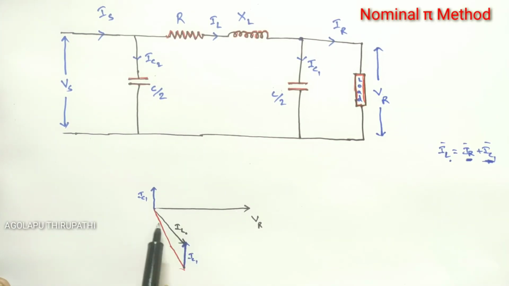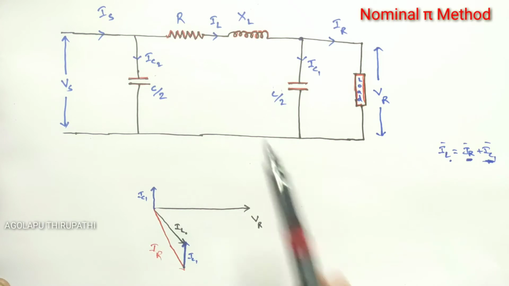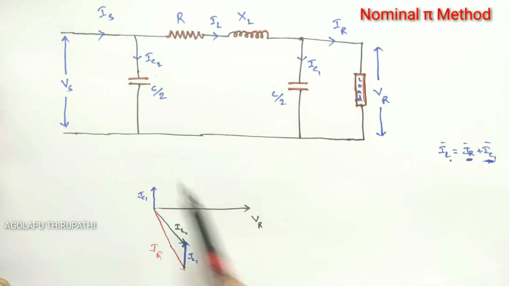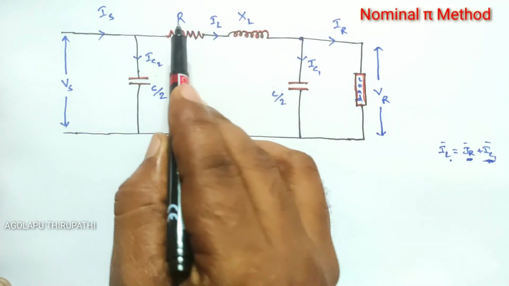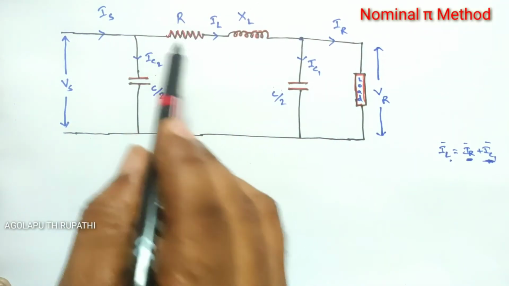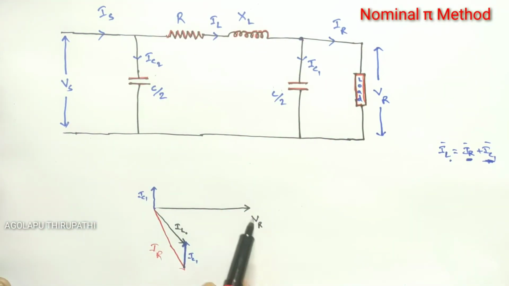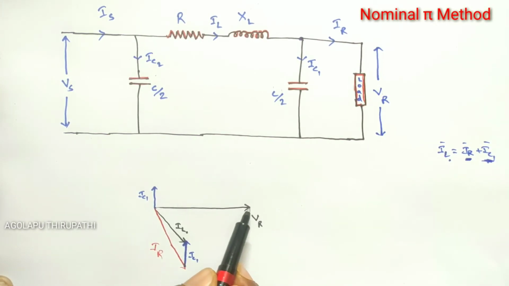So we got IL. After that, add these two drops to VR, then you will get VS, right? So first I am taking the I into R drop, the IR drop, which is in phase with the current IL. So take the IR vector, which is parallel to IL.